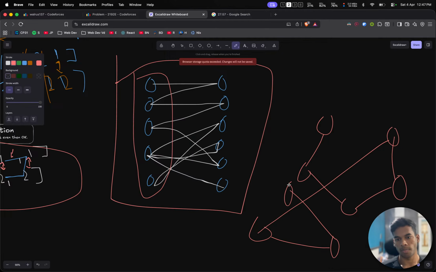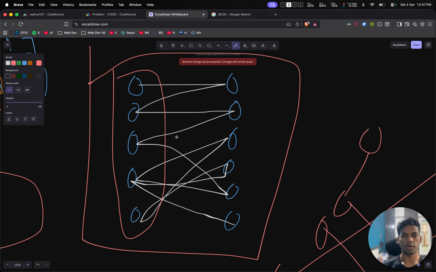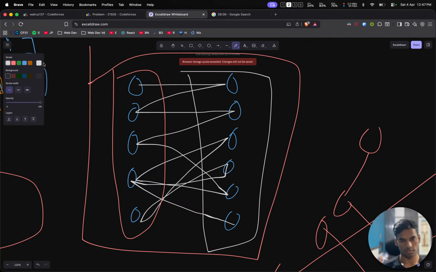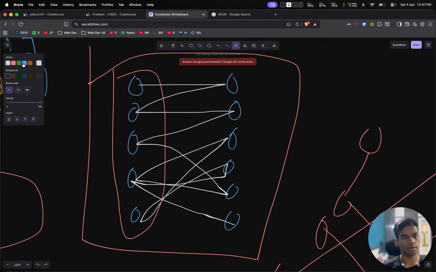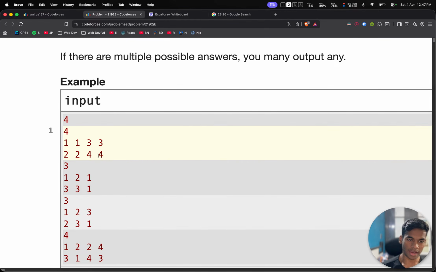These groups are such that there is no connection between the nodes in the same group, and one node only points to nodes which are in the other group, which is not exactly but kind of what we want here.